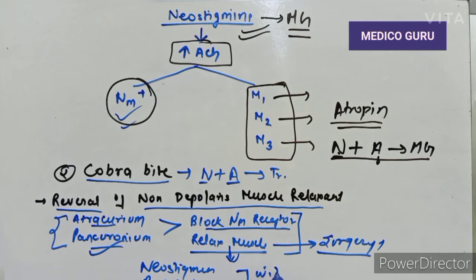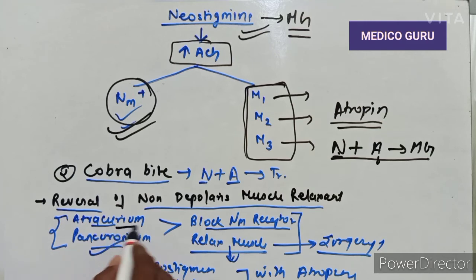They stimulate NM receptors, increasing NM receptor activity, and atropine blocks the M1, M2, M3 receptors. So the NM effect increases and the muscle gets contracted. After surgery we use neostigmine and pyridostigmine with atropine, but before the surgery we have to relax the muscle, so we use atracurium or pancuronium.